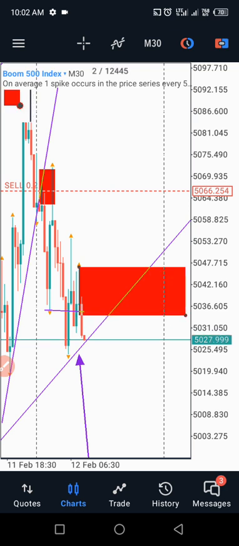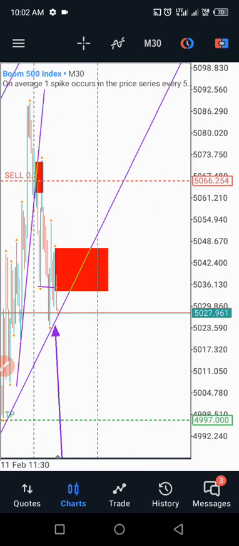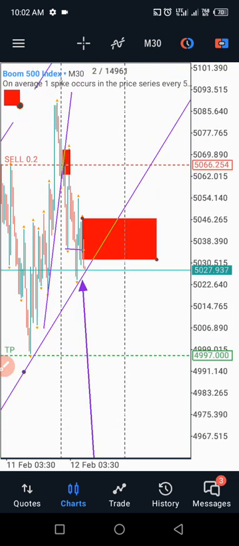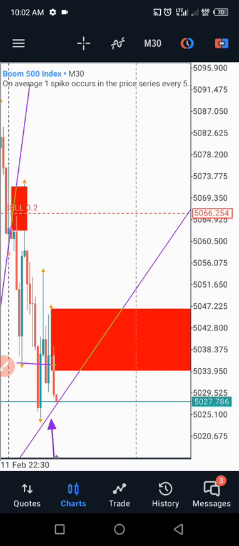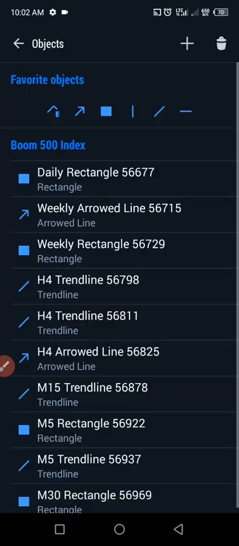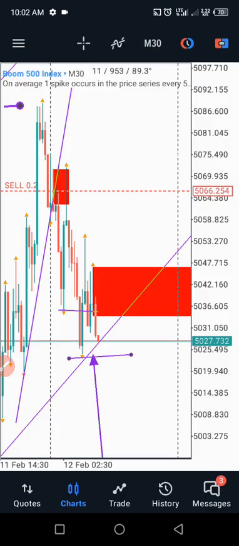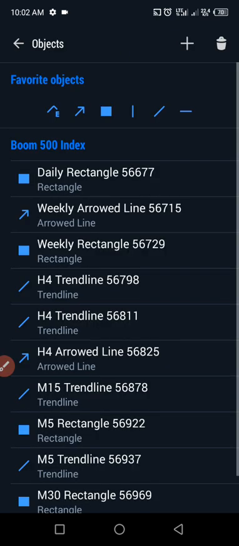So this is how I'm going to take my second entry, guys, and I'm going to open with a 0.10 lot size. So I'm going to wait for price to take out this particular level here, and when that happens, I'm going to wait for price to come back.